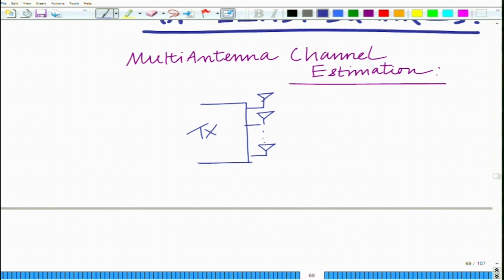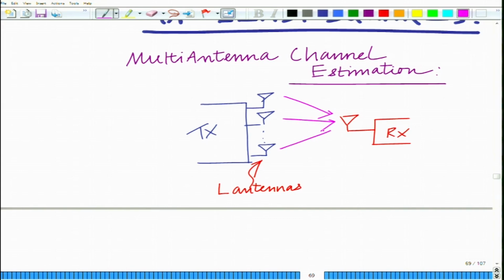Let us say you have L antennas at the transmitter, and for simplicity let us say you have a single receive antenna. Since there are L antennas, there are L channel coefficients. So, you have H1, H2 up to HL, these are the L channel coefficients.